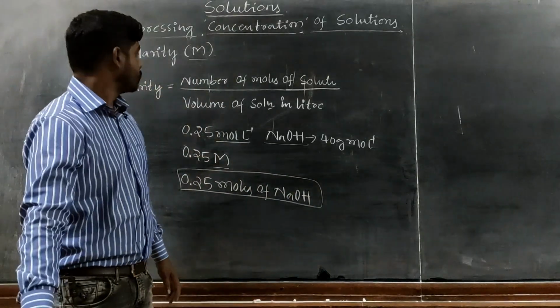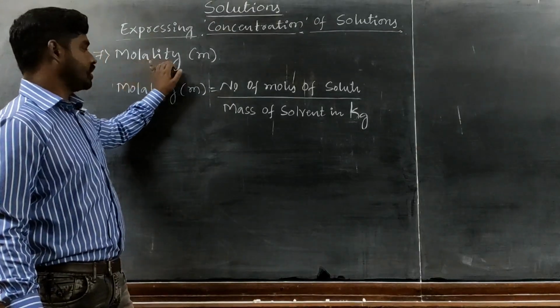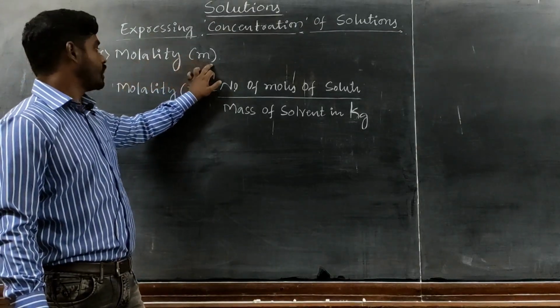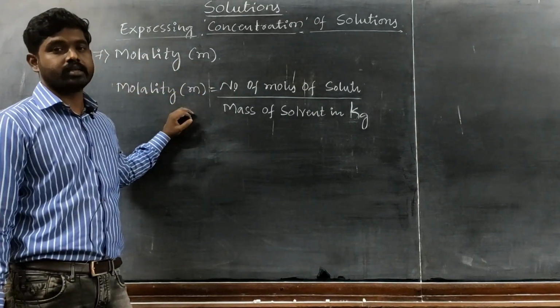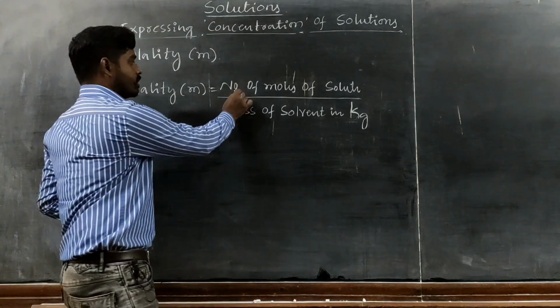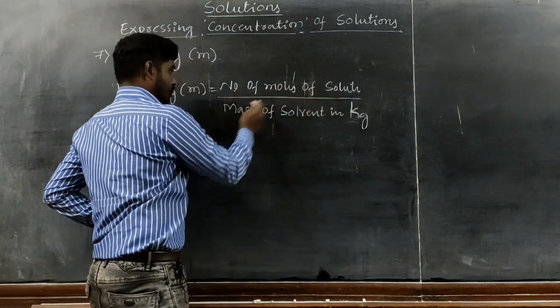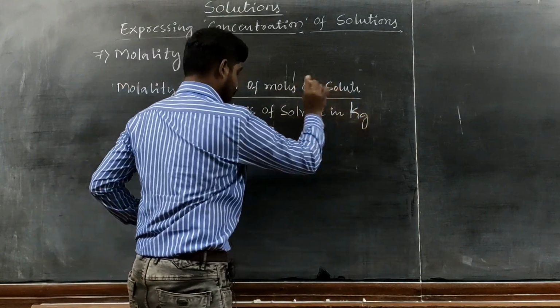The last one is molality. It is denoted by small letter m. So molality is the number of moles of solute that is dissolved in 1 kg of the solvent. So number of moles of solute divided by the mass of solvent in kg.